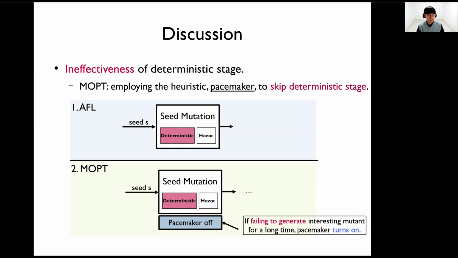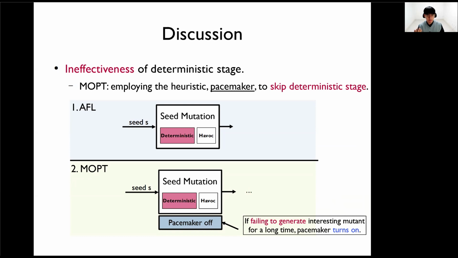So for that reason, MOPT also employed a very specific heuristic, namely pacemaker, that selectively skips this deterministic stage under certain criteria. So at the initial stage of MOPT, this technique also generates mutants based on both the deterministic stage and havoc stages, like AFL.